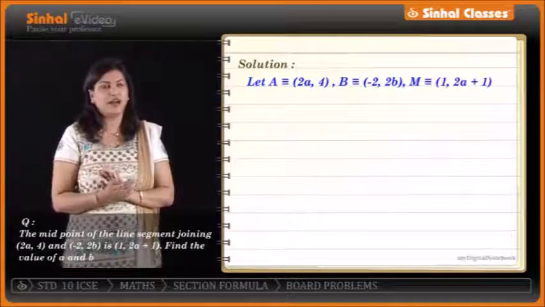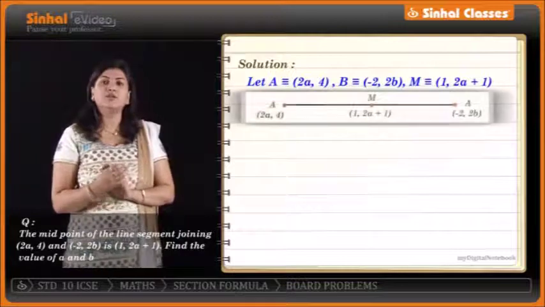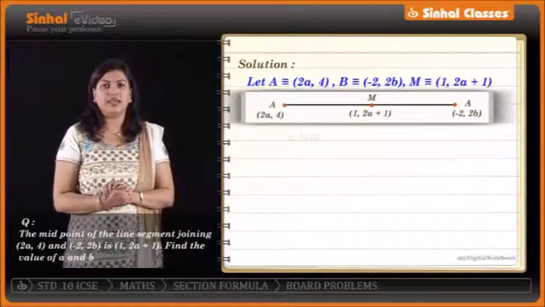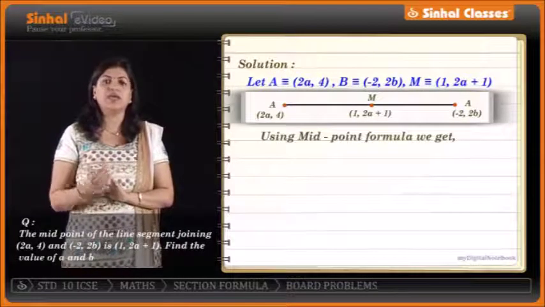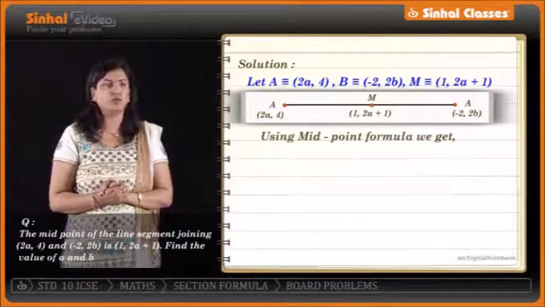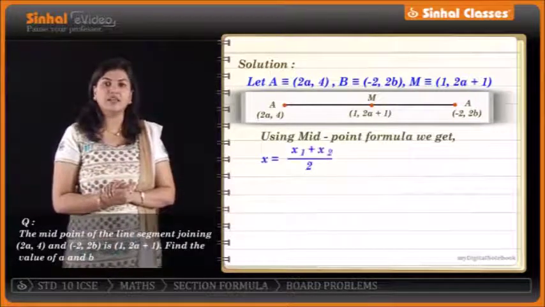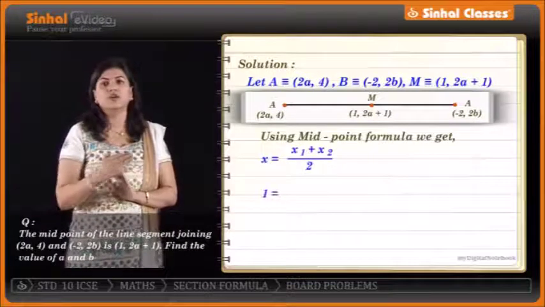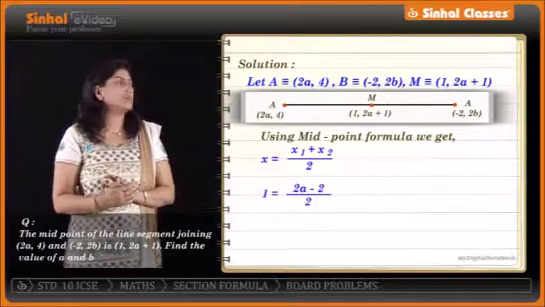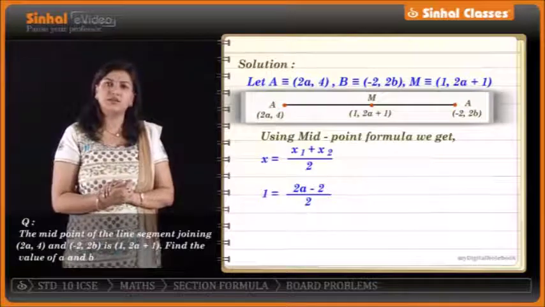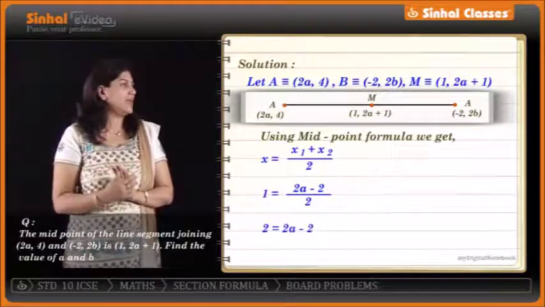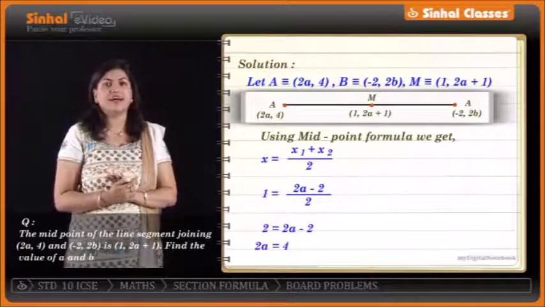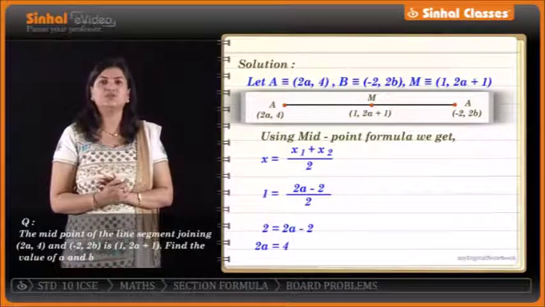We draw the figure as, now using the midpoint formula we get x is equal to (x1 plus x2) upon 2, that is 1 is equal to (2a minus 2) upon 2. Cross multiply, 2 is equal to 2a minus 2, so 2a is equal to 4, that is a is equal to 2.